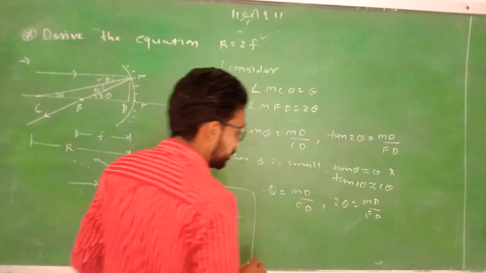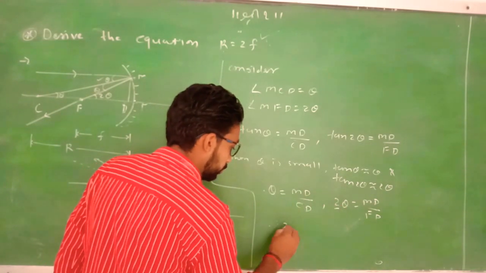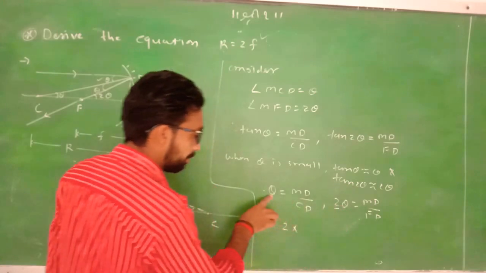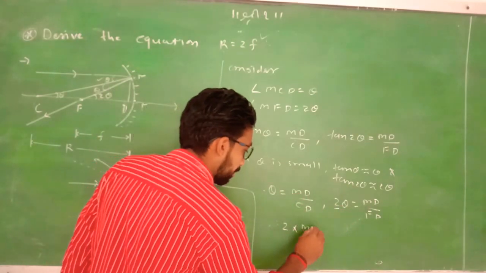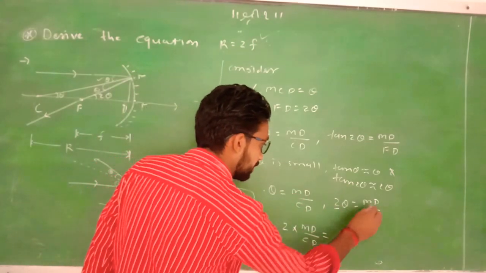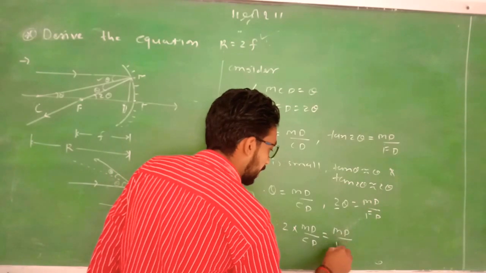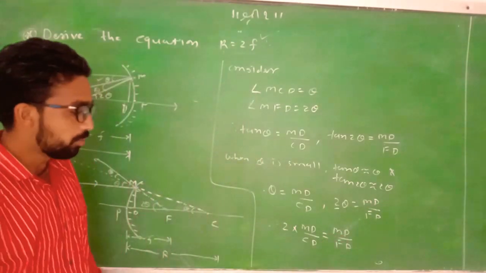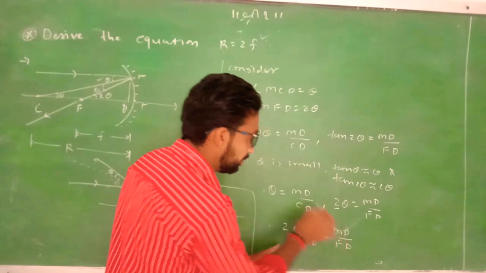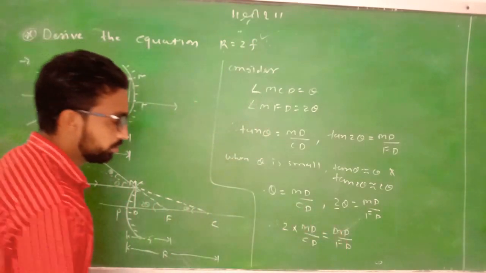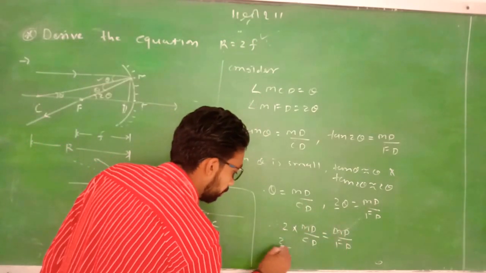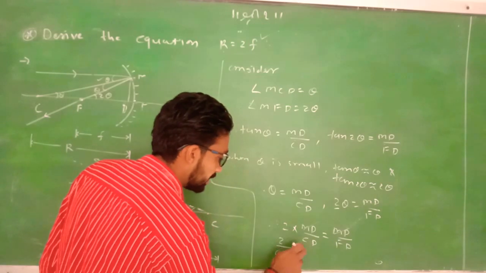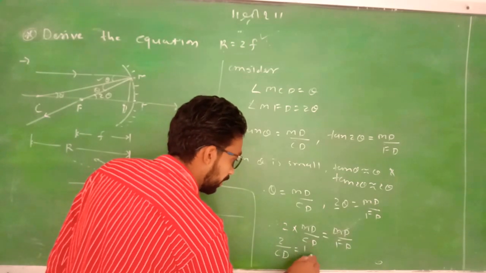Theta, that is MB by CD, is equal to, here we have MD by FD. On both sides MD cancels. So now you have 2 by CD is equal to 1 by FD.